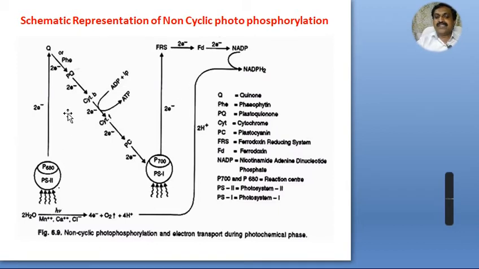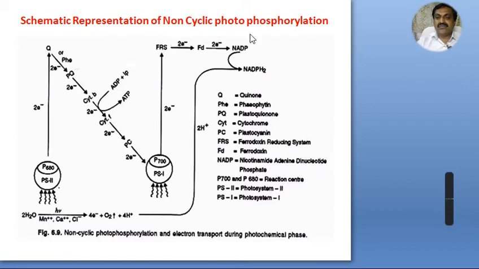It is also called Z scheme electron transfer because it somewhat looks like a Z. The electron transfer process somewhat looks like a Z pattern. Hence it is also called Z scheme electron transfer. And another notable difference between cyclic and non-cyclic photophosphorylation is that in cyclic photophosphorylation, there was only the involvement of P700.